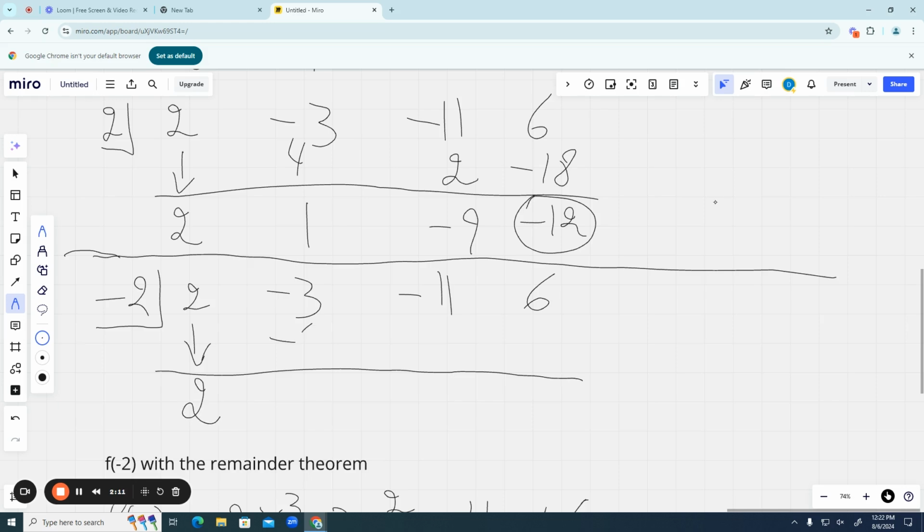Minus 2 times 2 is minus 4. Minus 3 and minus 4 is minus 7. Minus 2 times minus 7 is 14. That gives us minus 3... Minus 3 times minus 2 is 6. That adds up to 12. So our remainder is 12 with minus 2.